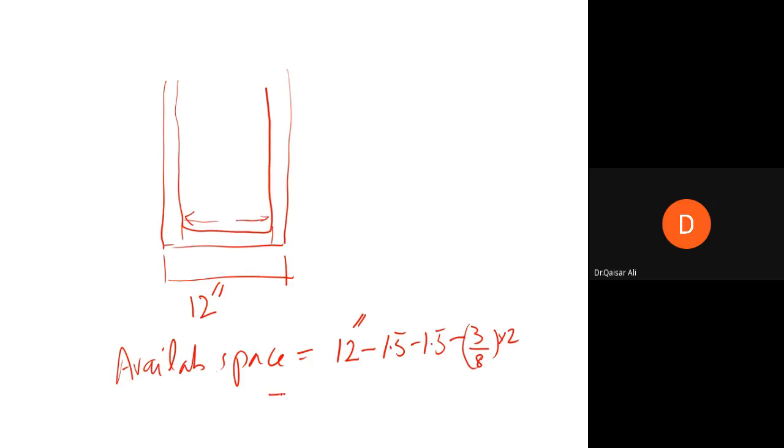So what is the available space now? 12 minus 3 minus 3 by 4, which is 8.25. The available space is 8.25 inch. And the diameter of the bar in the case of number 4 is ½ inch.